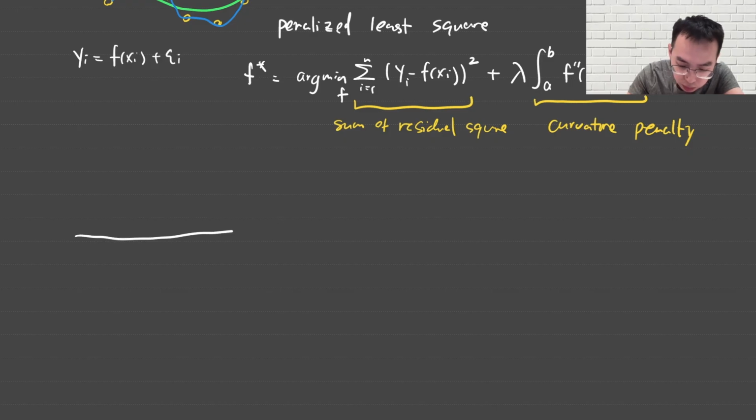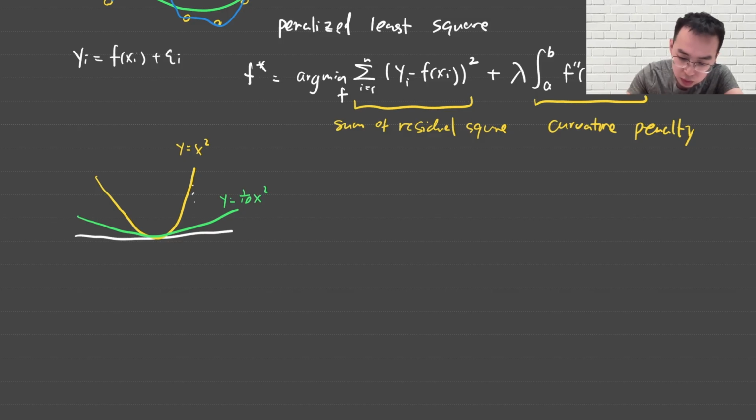Let me draw two curves here, and another one like this. Let me say that this is a function y equals x squared, and this is y equals 1 over 10 x squared.